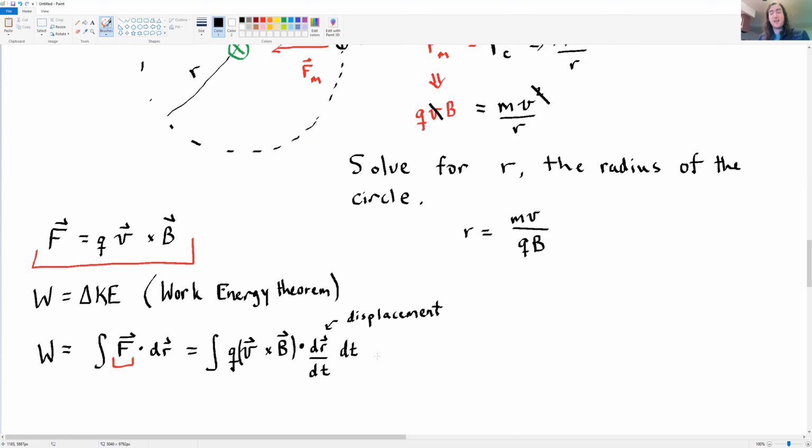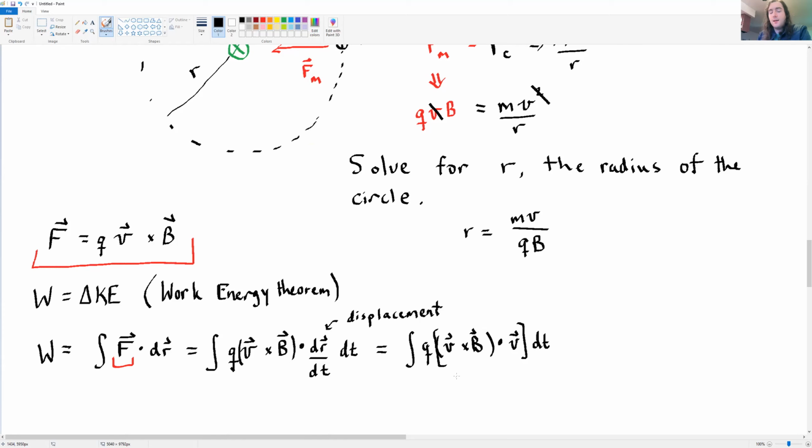So what that means in math language is simply you're reparameterizing your integral with respect to time instead of with respect to space here. But if we do that, I think we all recognize dr/dt is the velocity, right? So we have the integral of q v cross B dot product with v dt.